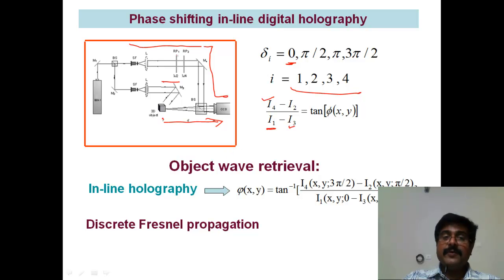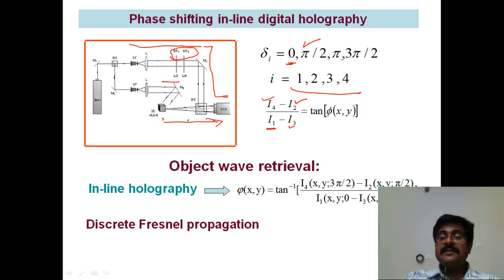Second, by using the retarder plates or wave plates, operated appropriately, we introduce a phase shift of pi by 2 to the reference wave, object wave same as previous, and this phase-shifted reference wave and object wave interfere and record the second hologram.